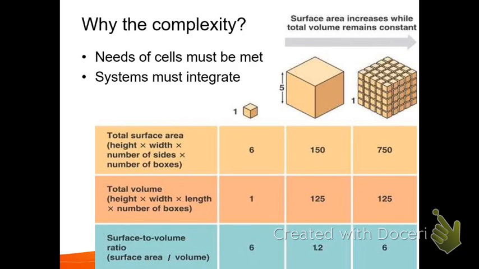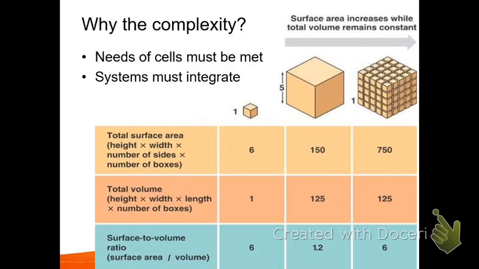Just briefly, because a lot of this we will cover in more depth, particularly the last objective. So why do we need complexity? Why don't we just have a floating ball of cells without a circulatory system? Because it's complex. We need all these additional structures, a heart, all these blood vessels. So why do we need that?